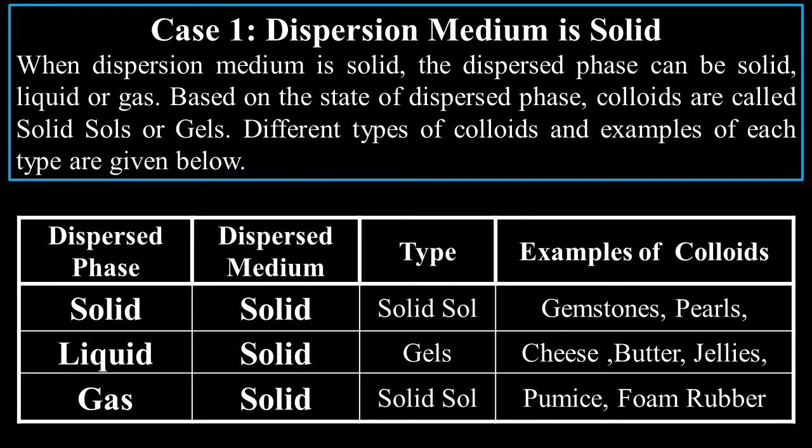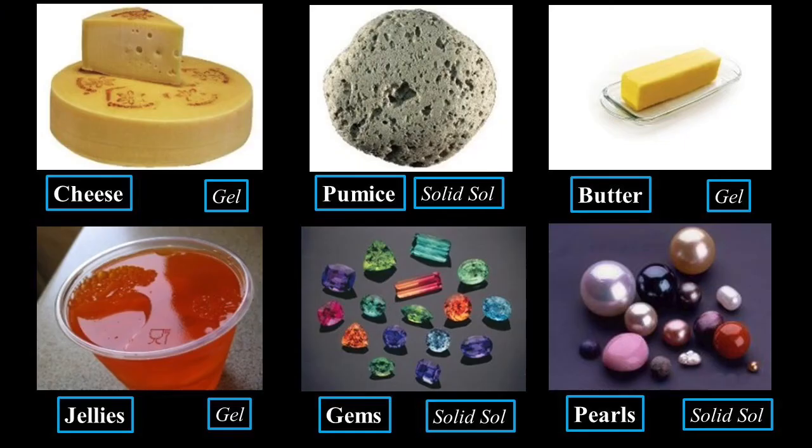The examples that are given are going to follow the slide. So here we have cheese, which is a gel. We have solid sols. There's another shot of gels, solid sol, and finally another solid sol, and that is going to be pearls and some types of precious stones.